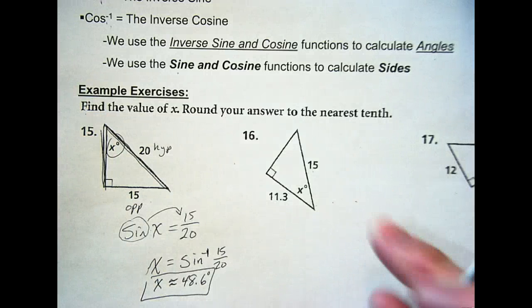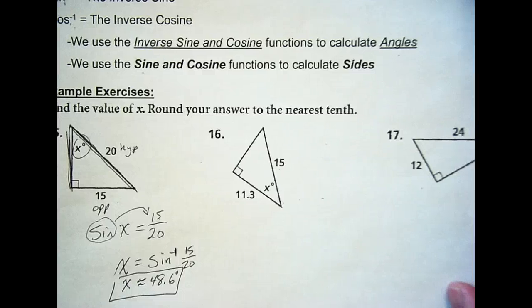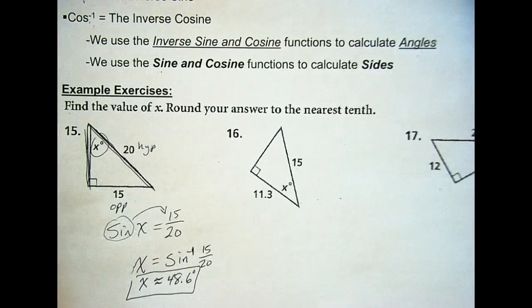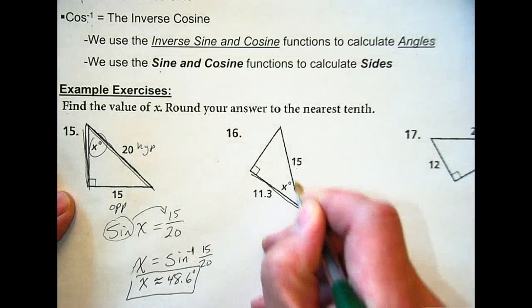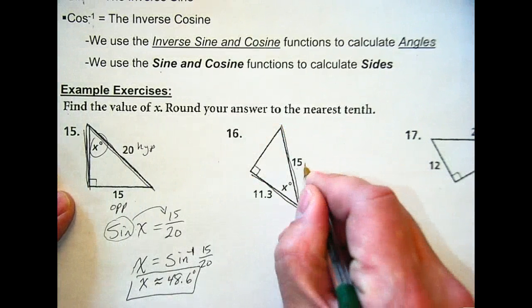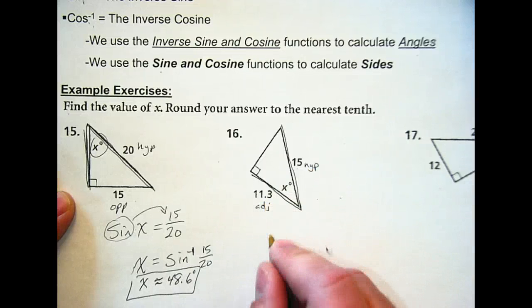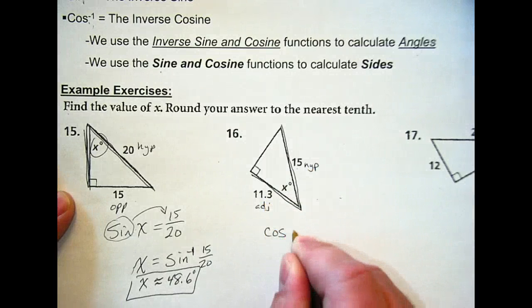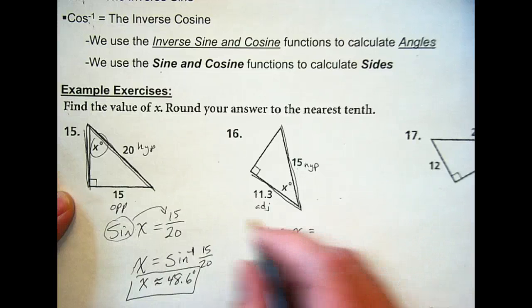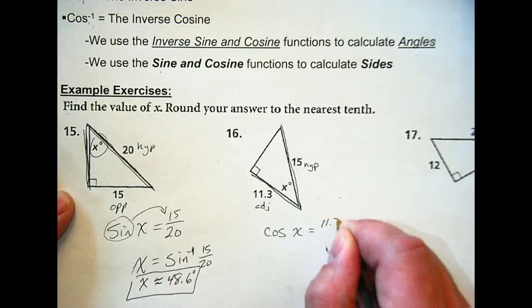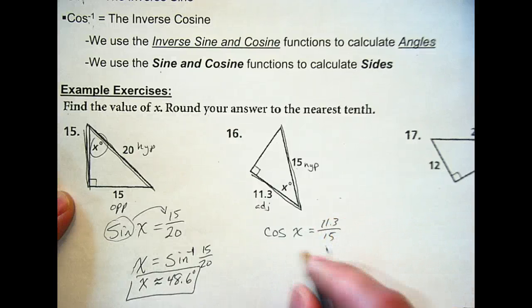Okay? Let's try 16 and 17. Okay, since we're dealing with adjacent and hypotenuse, we have cosine of x is equal to 11.3 over 15.